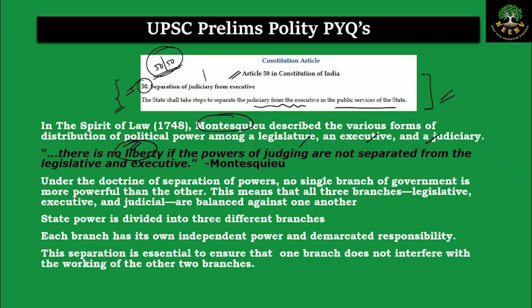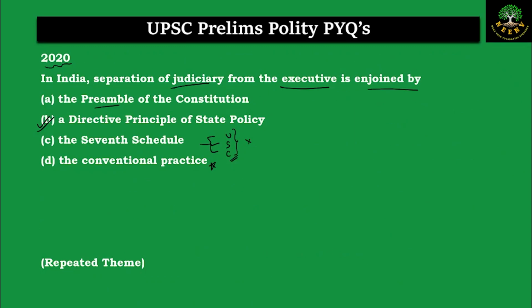It is true, because without separation of powers, power will be in a single person and he may not act very objectively. He will be very subjective. In that case, it will affect the liberty of the people whom he is judging. That's why Montesquieu said there is no liberty if the powers of judging are not separated from the legislative and the executive. So coming back to our question, in India, the separation of the judiciary from the executive is enjoined by the directive principles of state policy. Thank you.